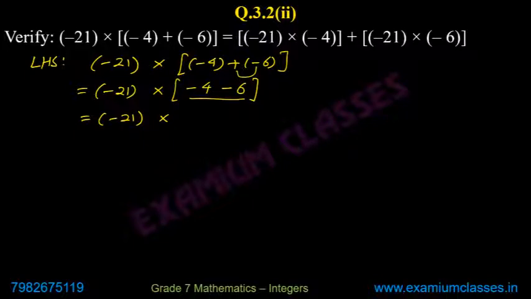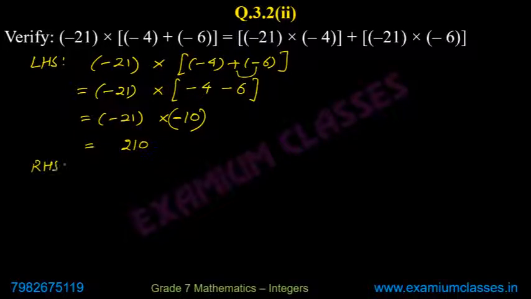It means they have the same sign, so they will get added up. But the sign will be negative, whatever the sign. Minus into minus plus. 21 into 10, 210. So it means it will be 210.